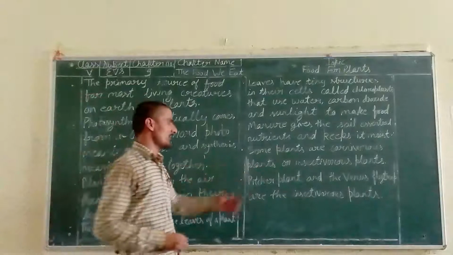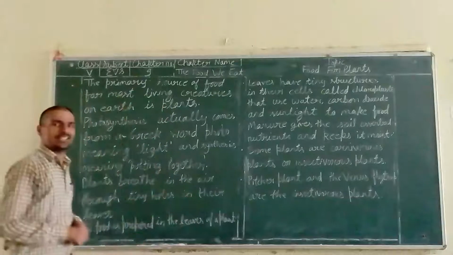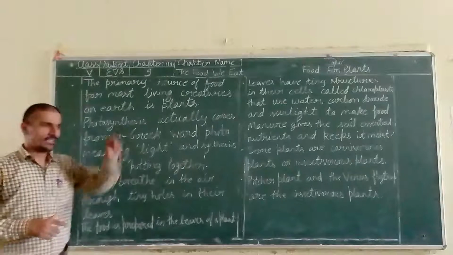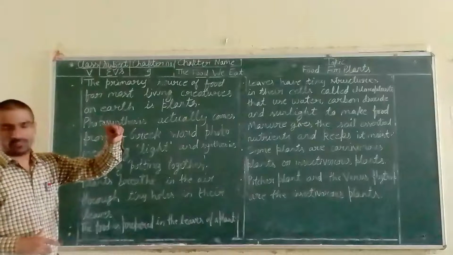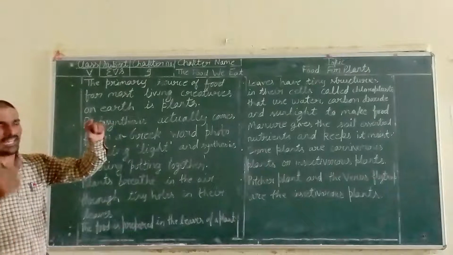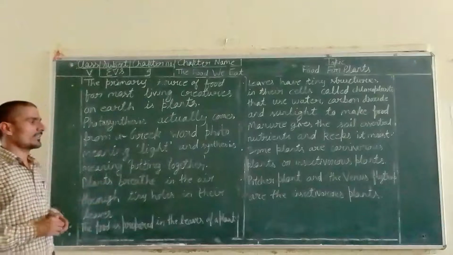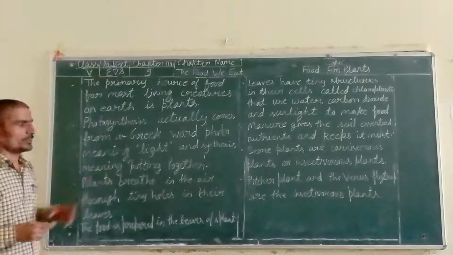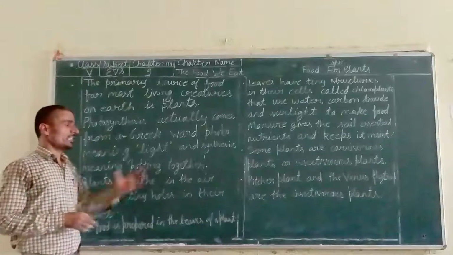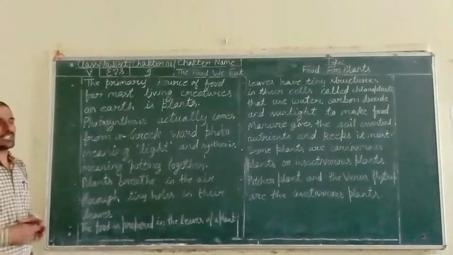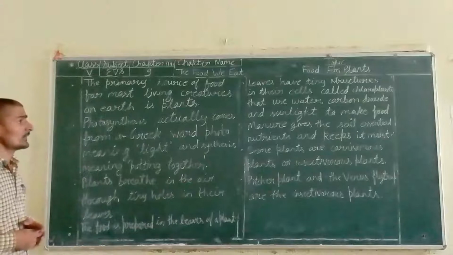And the Venus flytrap. Its front is like a mouth, and it closes its mouth when an insect goes inside it. So both plants are insectivorous plants. They don't make their own food. They take insects and use them as food.